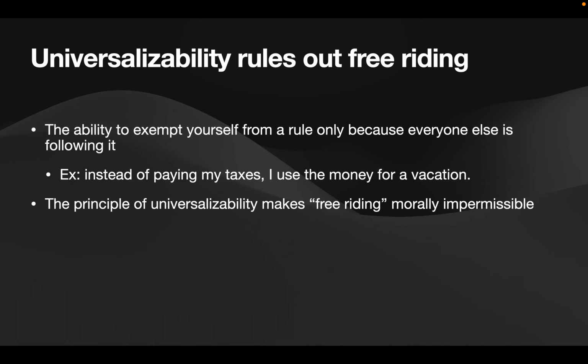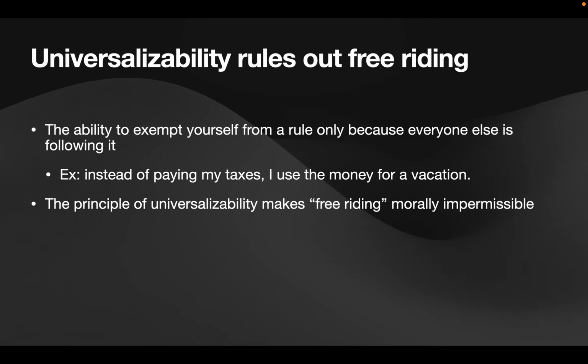One of the things that all of those examples in the textbook and the ones I've used here have in common, the maxims that fail the test of universalizability, is that they're all cases of free riding. So it's interesting that this principle of universalizability rules out all cases of free riding.